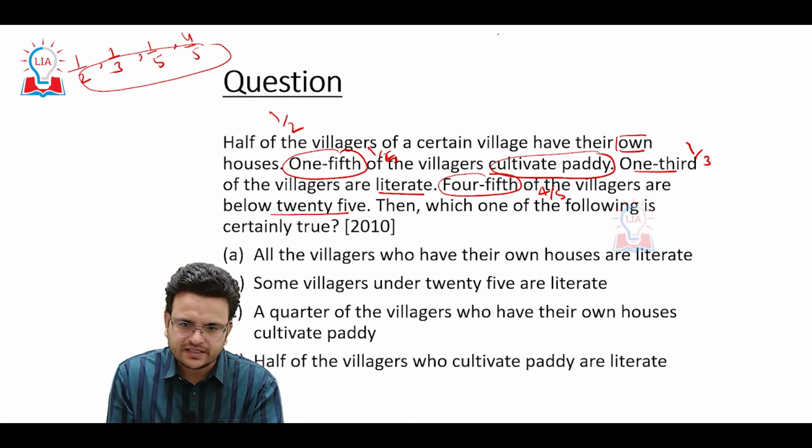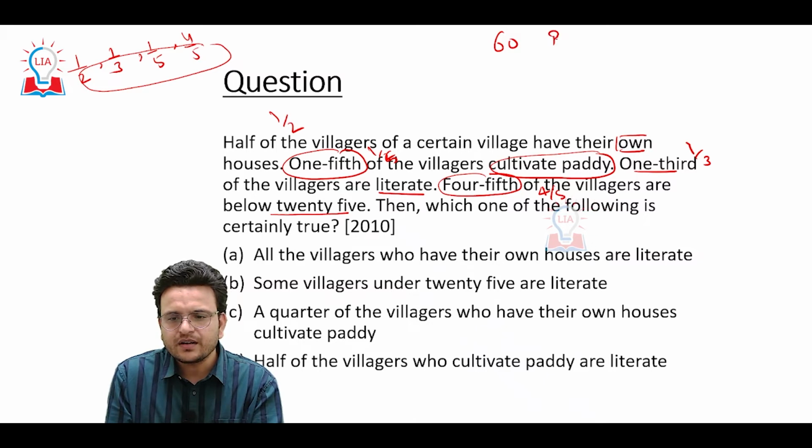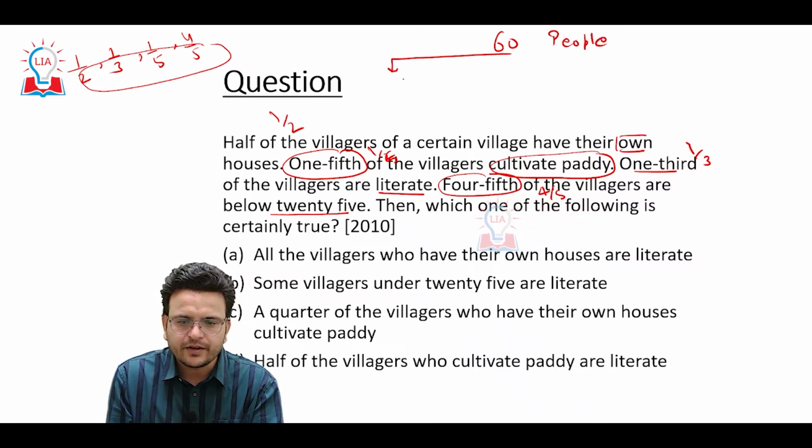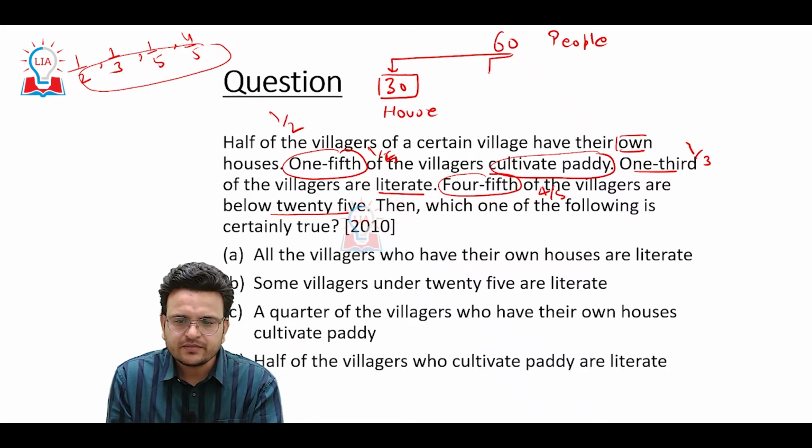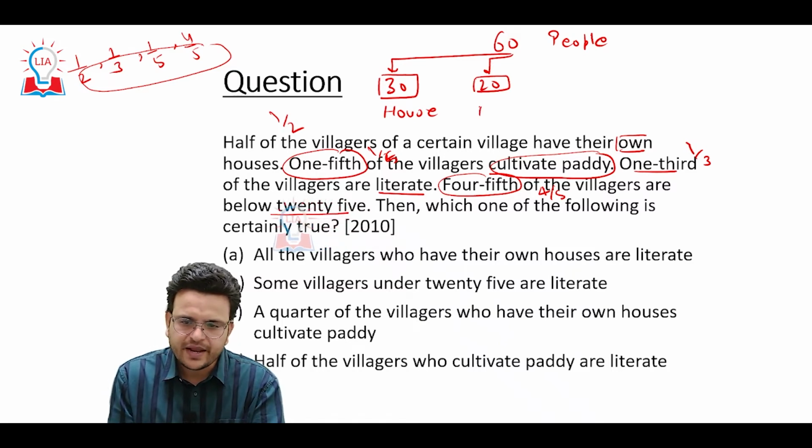That will be 60. So consider the total people are 60. 60 of half will be 30. 30 have their own house. 1/3 of 60 will be 20. 20 have paddy cultivation.